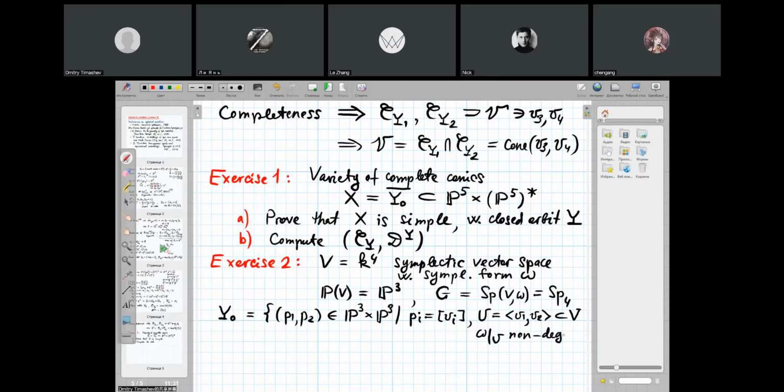A symplectic subspace, yes, exactly. A symplectic subspace.